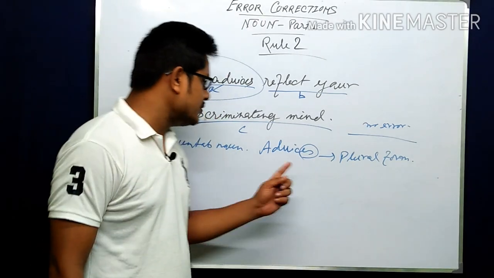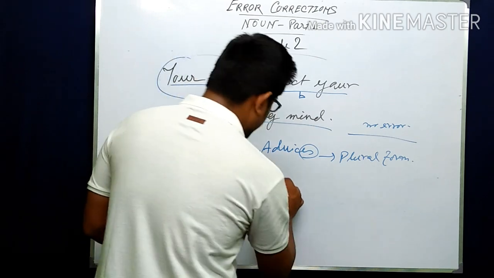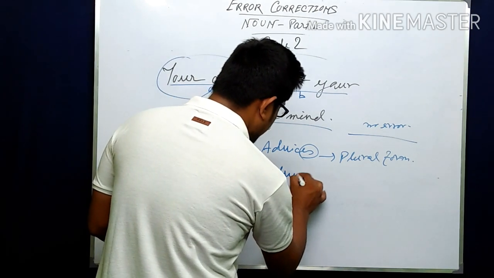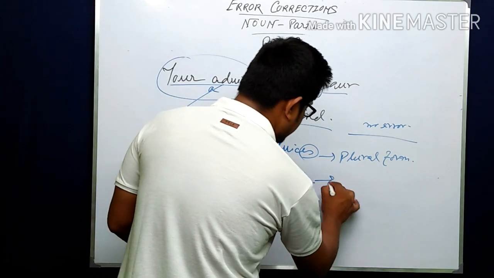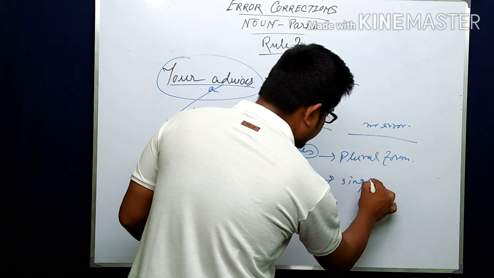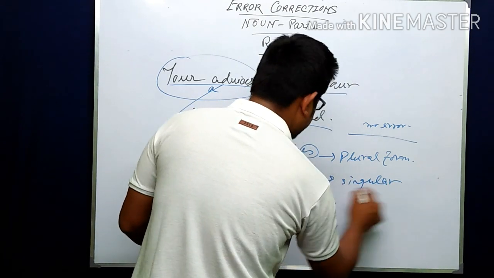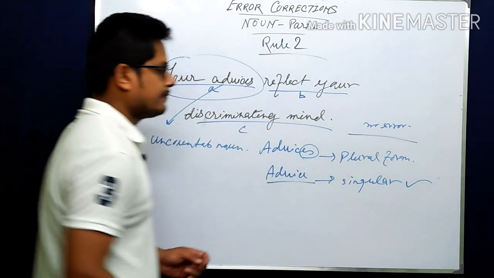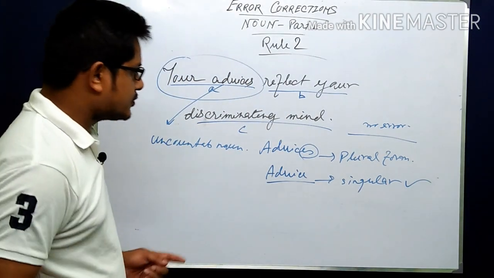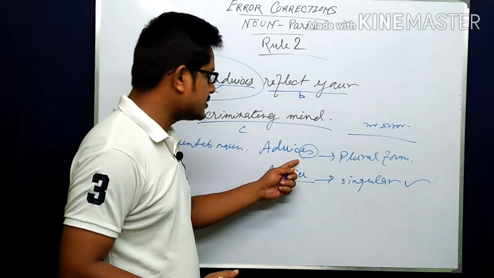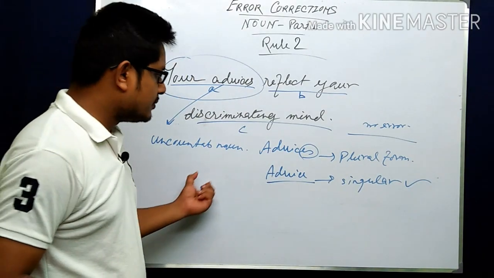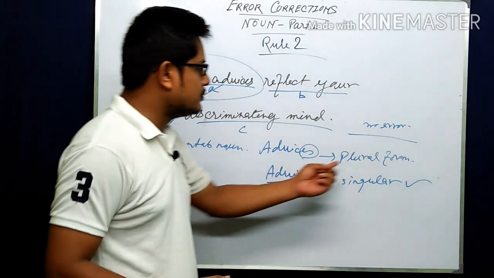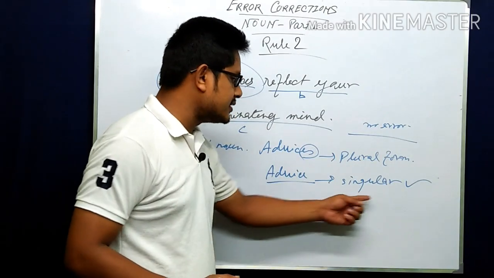You are supposed to use it only in singular form. So if you use advice, that is singular, then it is right. Clear? So you are not supposed to use advices because such uncountable nouns cannot be used in plural form. It must be used in singular form.